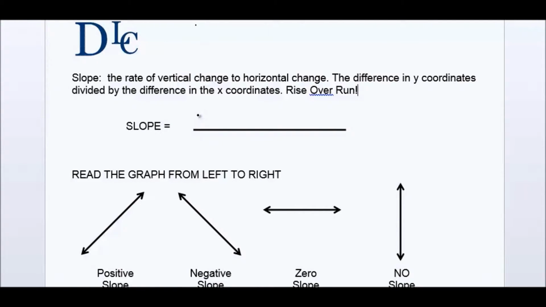For notes, in mathematics we use delta as the difference, so the difference in the y's divided by the difference in the x. You'll also see y2 minus y1, which is the difference in the y's, divided by x2 minus x1, the difference in the x's. And of course you'll also see the rise over the run.